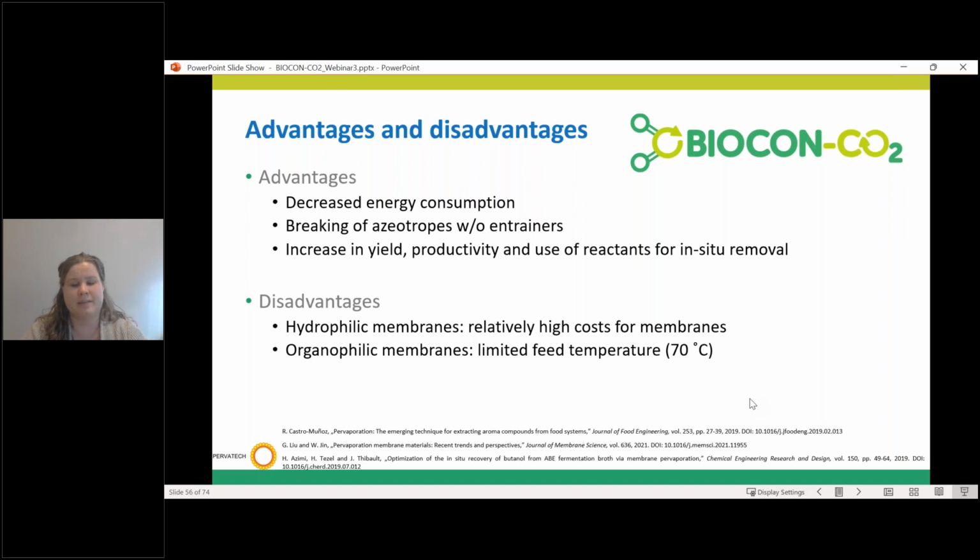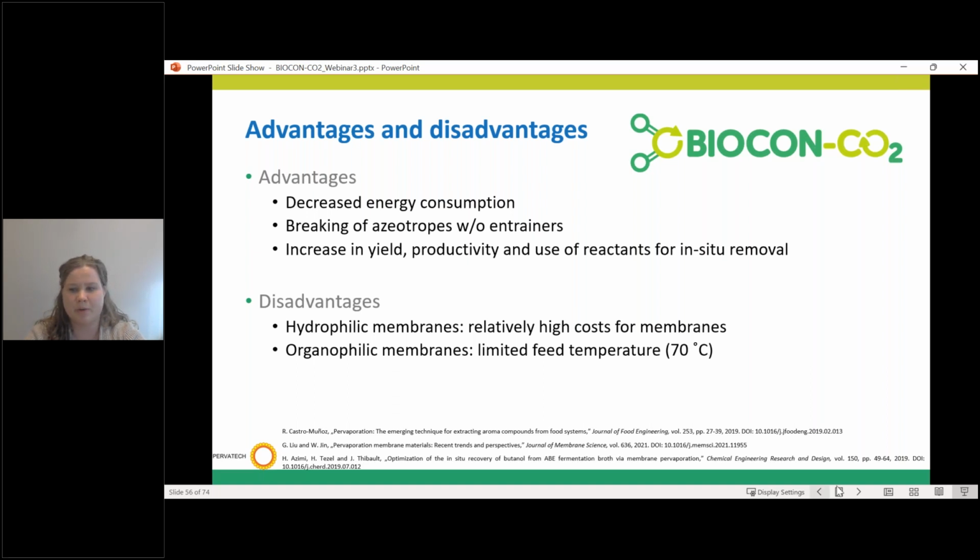The reason for this is that in pervaporation, the driving force is a difference between the partial pressure across the membrane of one component, as compared to distillation, where it is based on the difference of volatility between the multiple components. If pervaporation is used as an in situ removal method, it can also help to increase yield, productivity, and use of reactants.